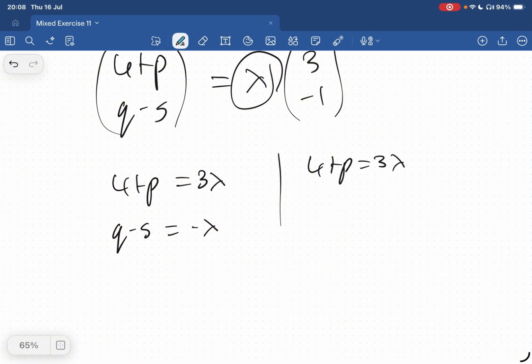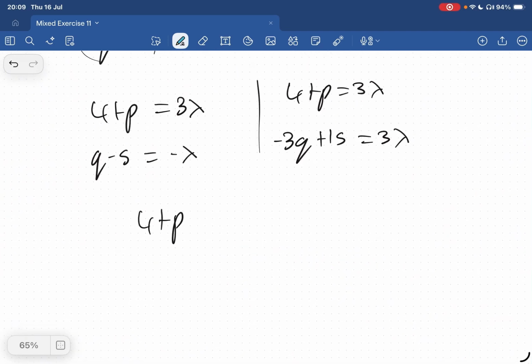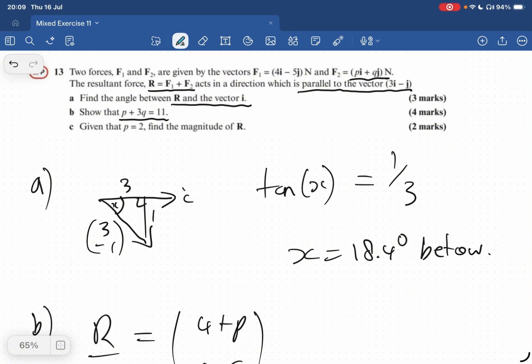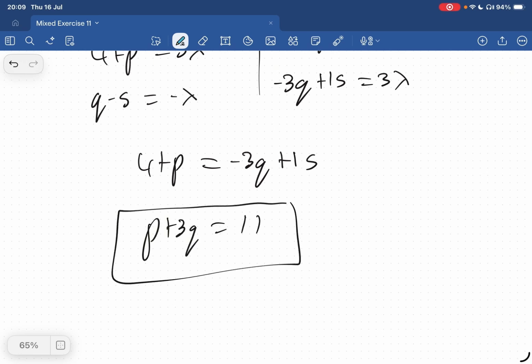Let's multiply the bottom by -3 on both sides. Now we can make these equal each other. So 4 plus P equals -3Q plus 15. And as you can see, we're getting to the form that we want: P plus 3Q equals 11, which is exactly what we wanted.